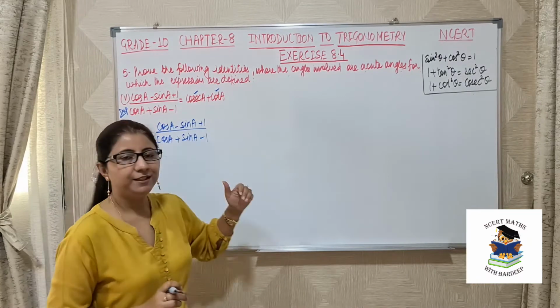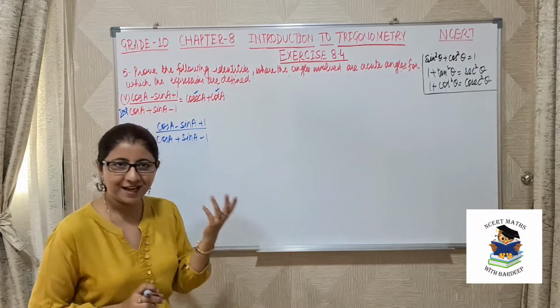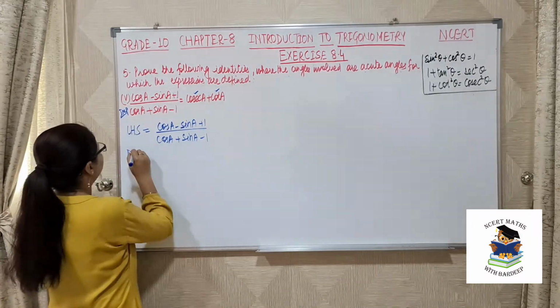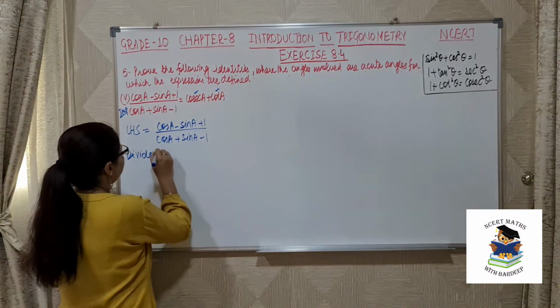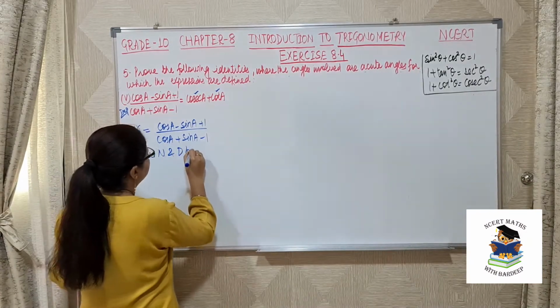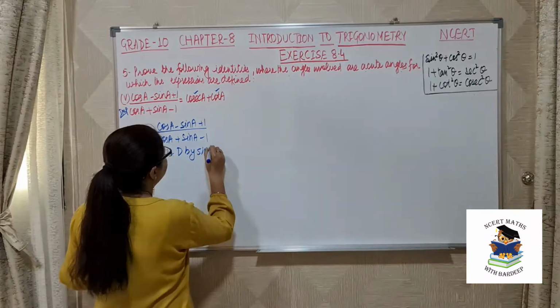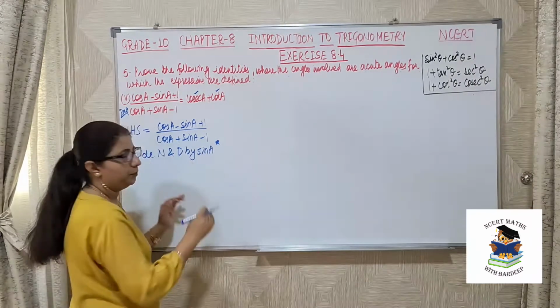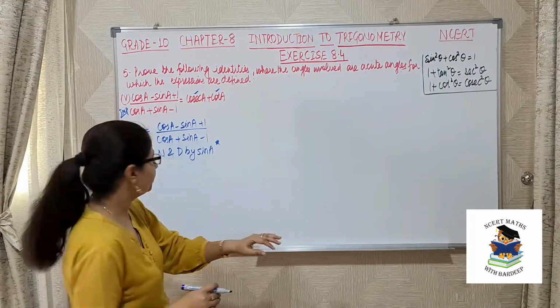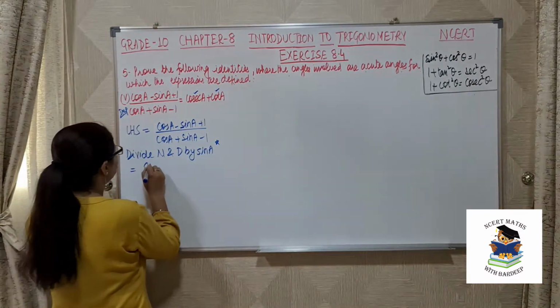So this is our first step. Divide both numerator and denominator by sin A. This is the first important step to start this question. Okay, so now let's see.